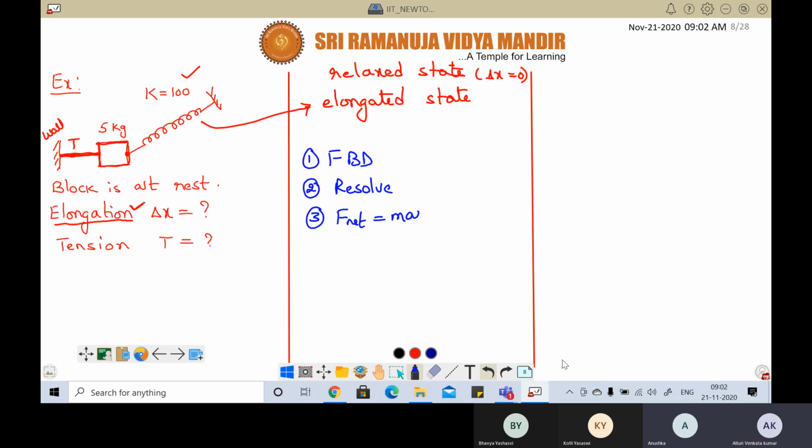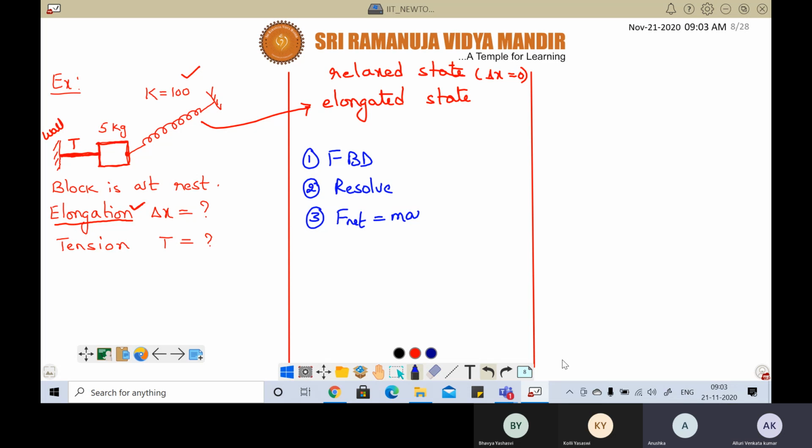I got Fs as 0.5 and T as 50.5. Now delta x, how much did you get? So delta x as 0.5, not Fs. I think it might be wrong.